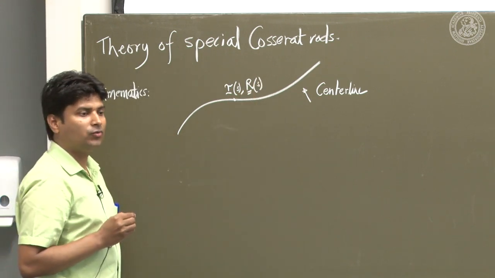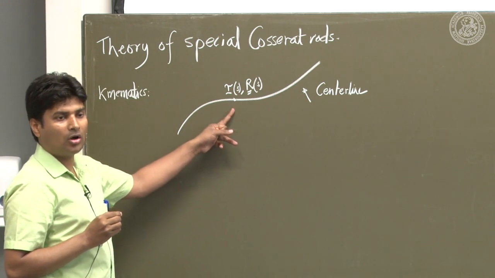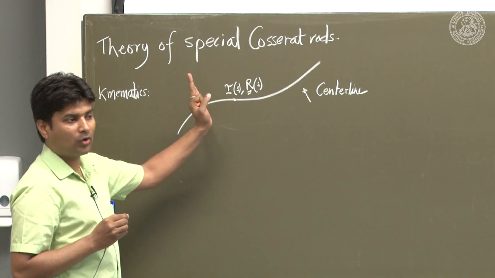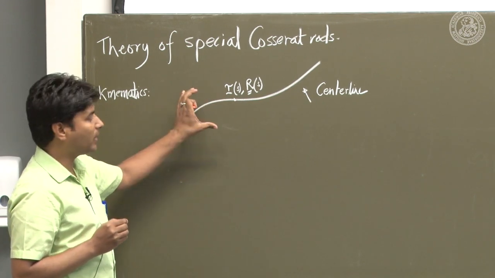Little r of s denotes the center line of the deformed rod, and big R denotes the average orientation of the cross section. So that's the kinematics.